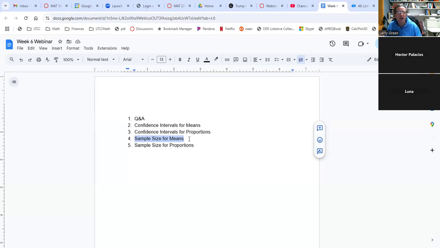And we'll talk about, how big an error are you okay with? Based on that, we can talk about what sample size you need to use in order to have a small enough error. First we'll do it for means, and then for proportions.